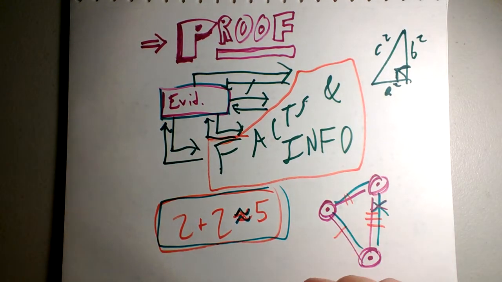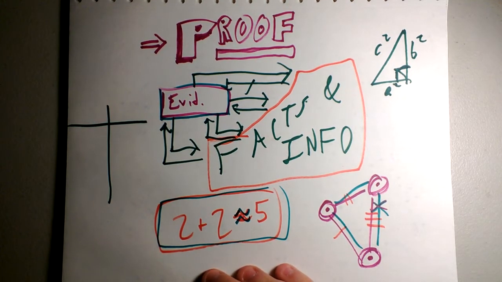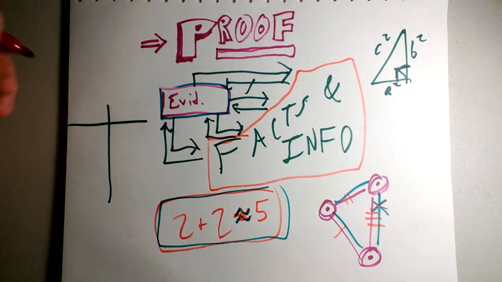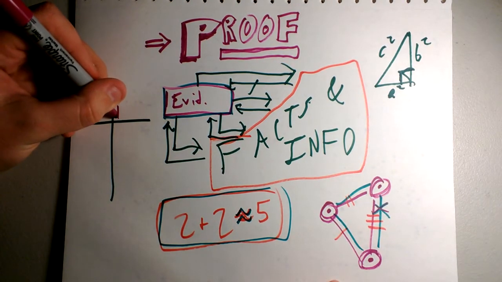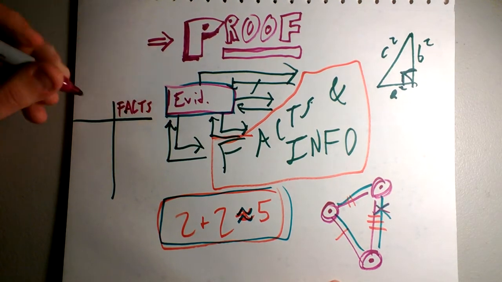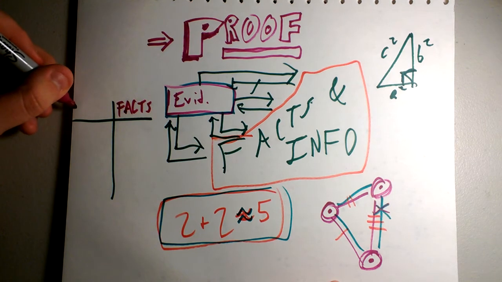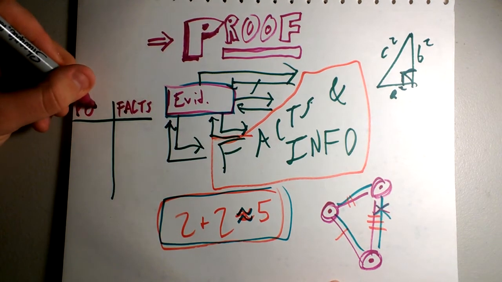And proof is complicated, and many people, I think, ruin it. Like in geometry class, everyone has to do this proofs idea, where they create a table and they're like, okay, here are facts that I know have to be true, and here are pieces of info in our problem.